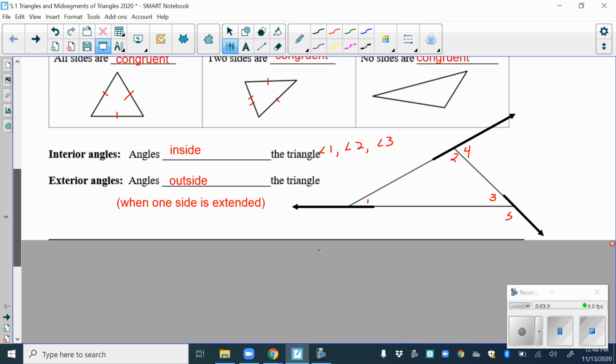We could do one down here, angle 5. It's an exterior angle because it forms a linear pair with angle 3. There's another one over here, angle 6. So it's when one side is extended and it will form a linear pair with an interior angle.